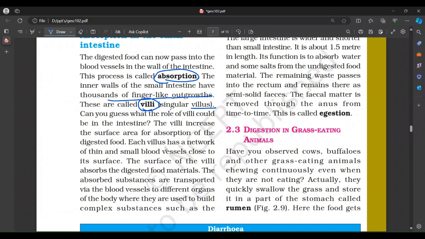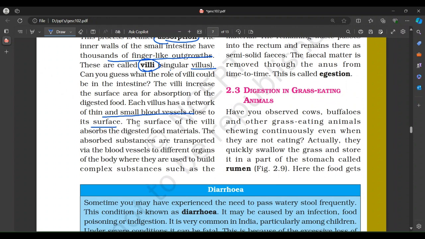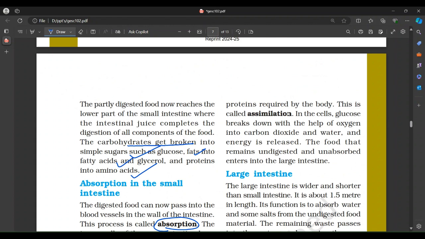Each villus has a network of thin and small blood vessels close to the surface. The surface of the villi absorbs the digested food materials. The absorbed substances are transported through the blood vessels to different organs of the body, where they are used to build complex substances such as proteins required by the body.